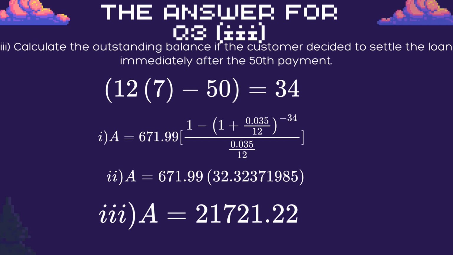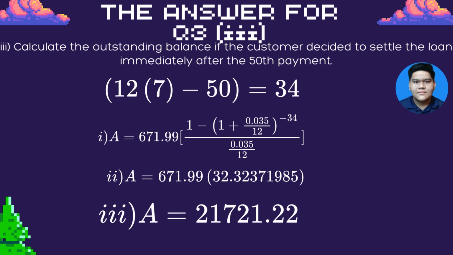The answer for question 3, third element, calculate the outstanding balance if the customer decided to settle the loan immediately after the 50th payment. First, we need 12 times 7 minus 50 equals 34, because it says after the 50th payment. We put all the information we know into the formula in the first element.